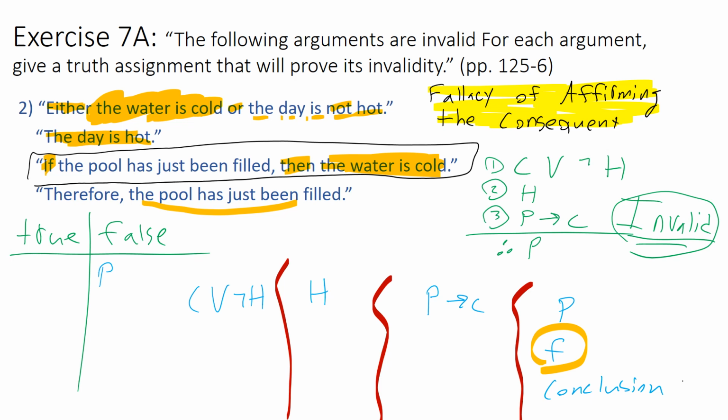We'll want to say that C is true, so then we can have our third premise as P being false, C being true, so then we can have a true premise. For our second premise, we want H to be true, so that we have a true premise here.